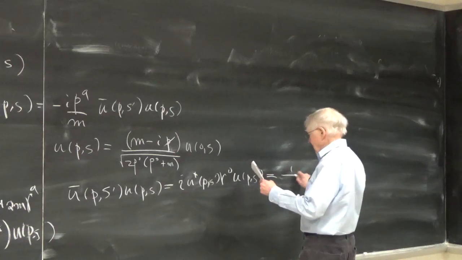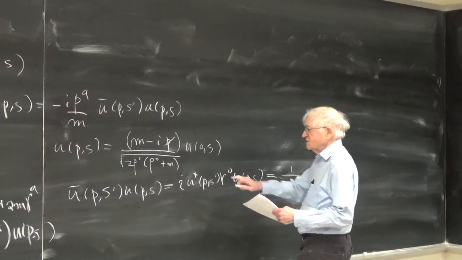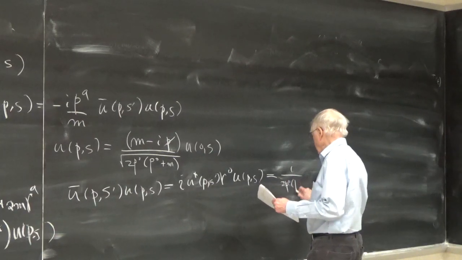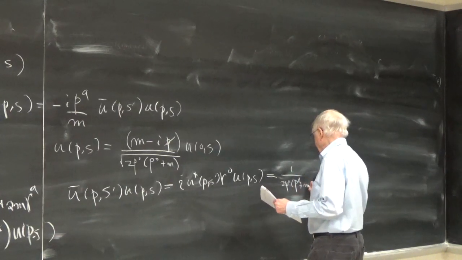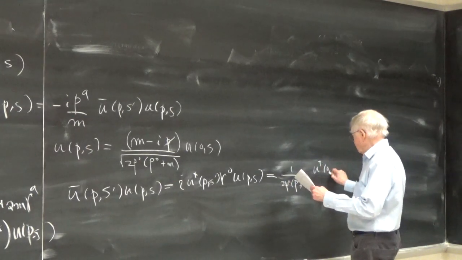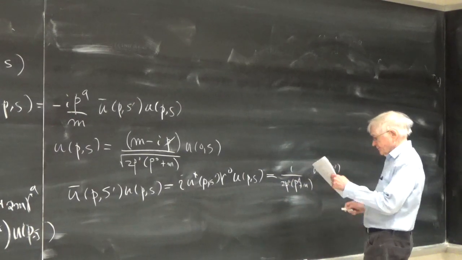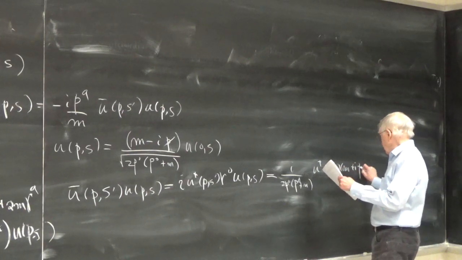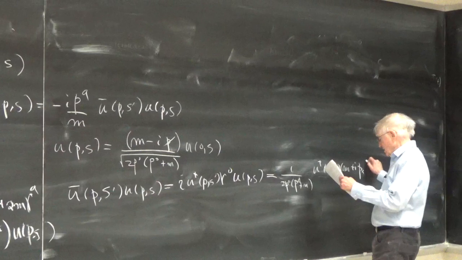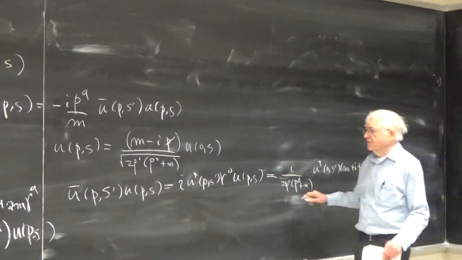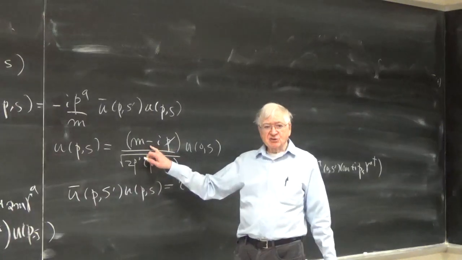So this is I over, there'll be two factors of that, so this will be 2P0, P0 plus M, U dagger of 0 and S prime, M plus I, PA, gamma A dagger. So this is the adjoint of this.